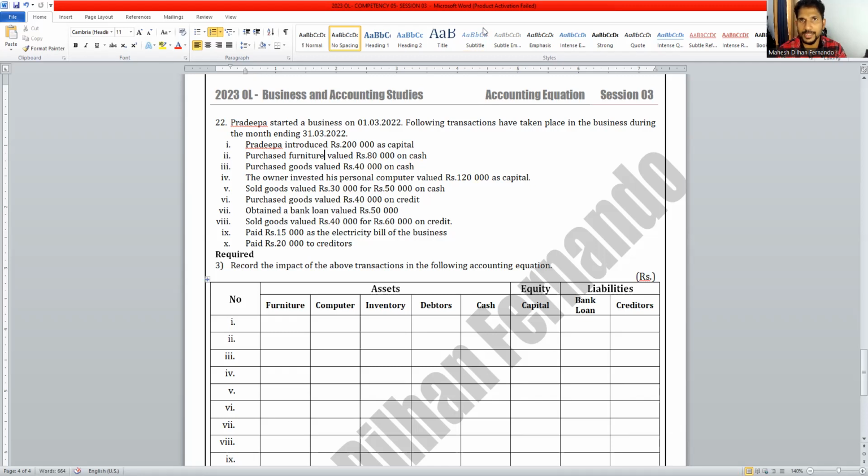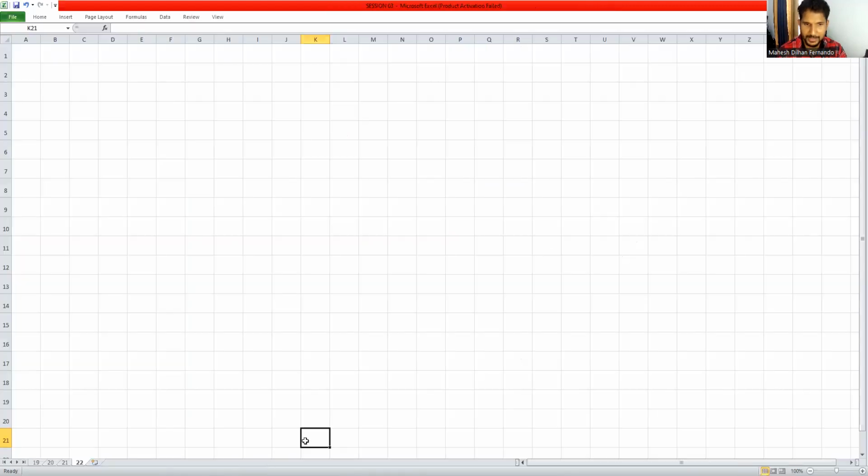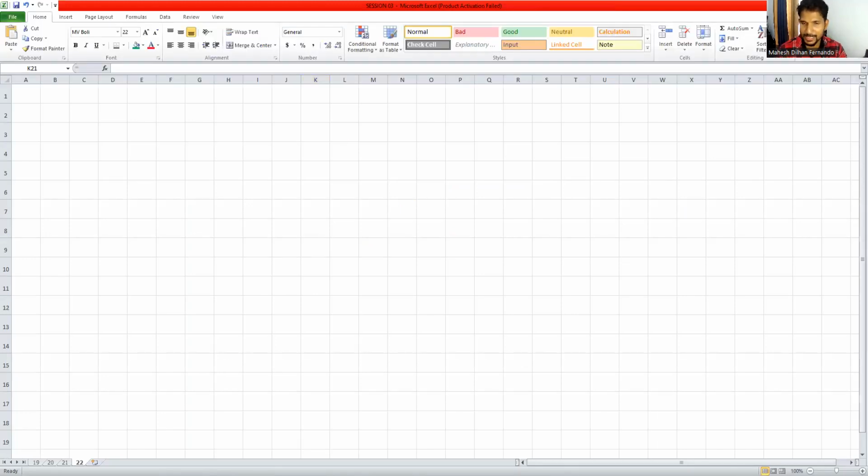Let's move to the Excel sheet. I'm starting with the point of preparing the format. Here we have 5 assets, 1 equity and 2 liabilities, right? So accordingly, I have to draw the table.